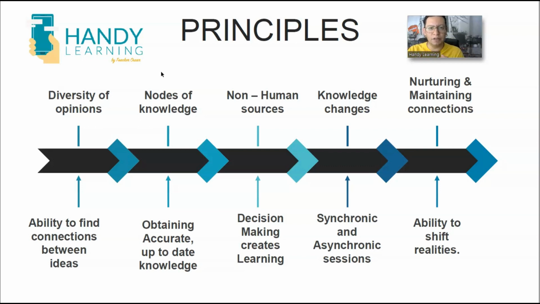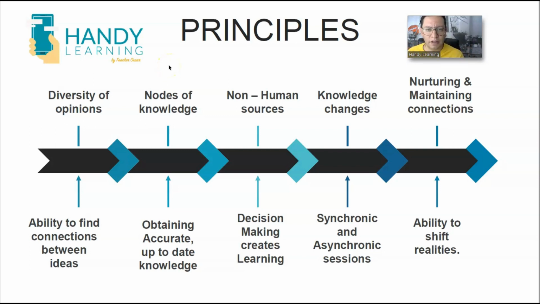So in connectivism, we create a network of knowledge where every point, every resource becomes a node of knowledge. So a video can be a node of knowledge, the platform, or any resource, or a person through a video lesson. Every single one of these features becomes a node of knowledge.